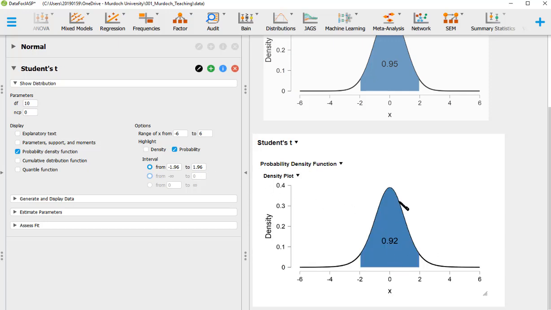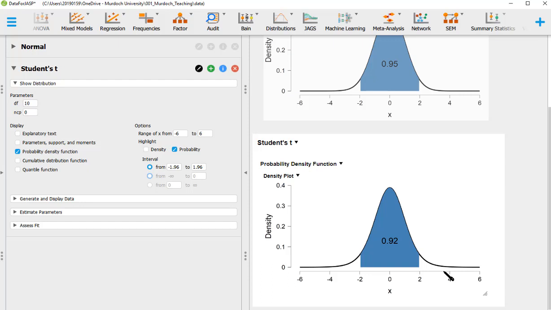Okay, so instead of having 95% of the distribution between these two values, it has 92% of the distribution. What this means is that values that are further away from 0, negative or positive, are more likely in the t distribution than in the normal distribution.